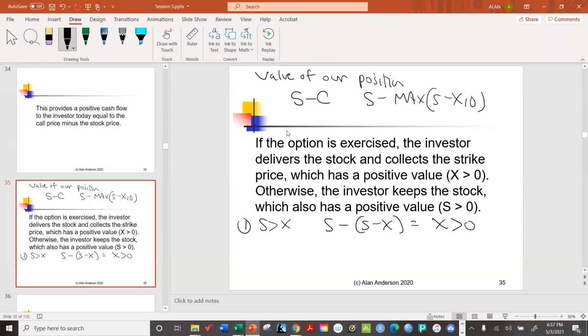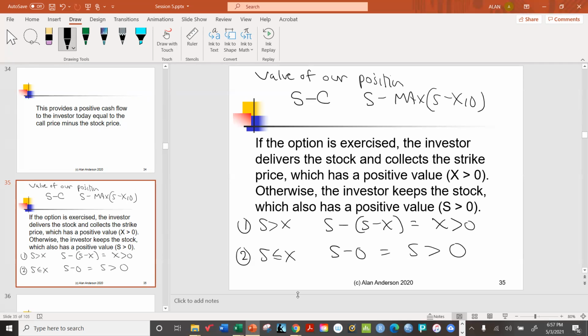Okay, so if the option is exercised, that would only happen if the stock price is greater than the strike, which means that the value of our position is S minus X, which we know is positive. In the second case, where we don't bother to exercise the option, we end up with S. So either way, no matter what happens to the stock price, we don't care.